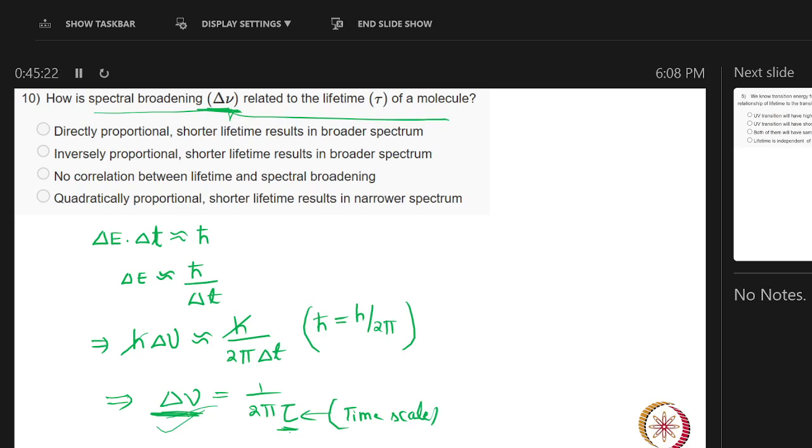So inversely proportional. Shorter lifetime is related to a broader spectrum. Correct. This is our correct choice.